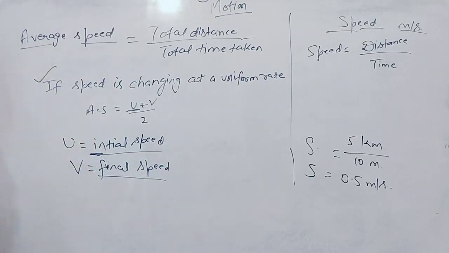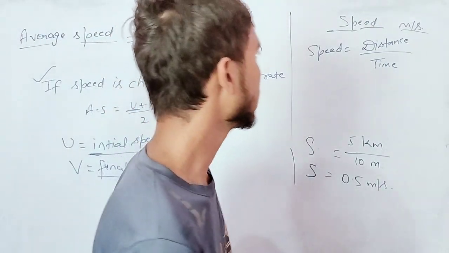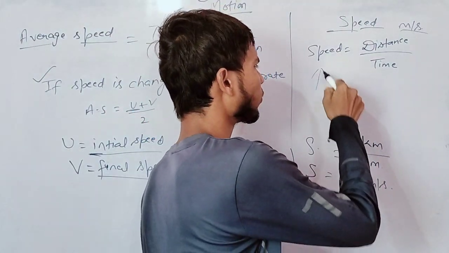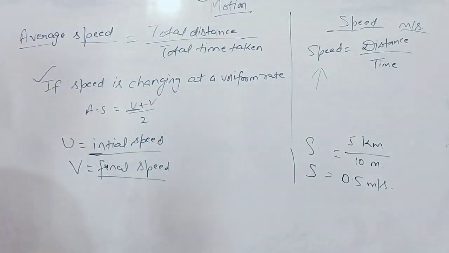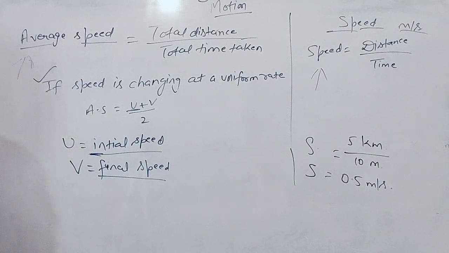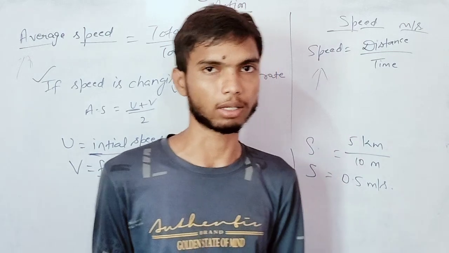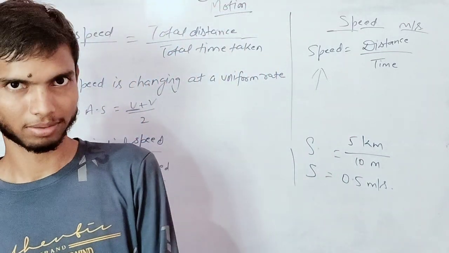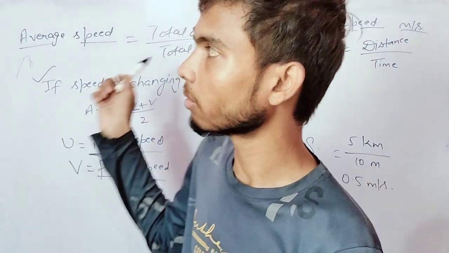So from here you will get the average speed. From this one we are getting a fixed speed, but from this we will get the average speed. We can assume that this was the speed of this vehicle, by calculating using this formula.